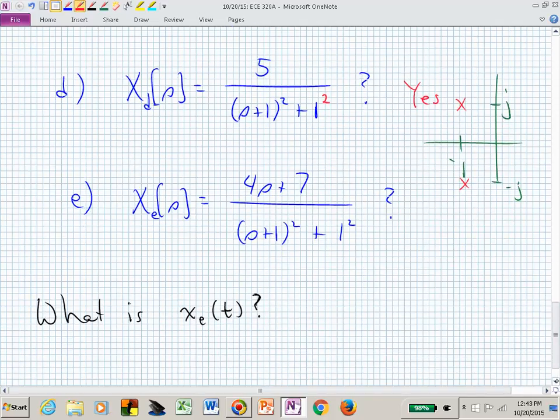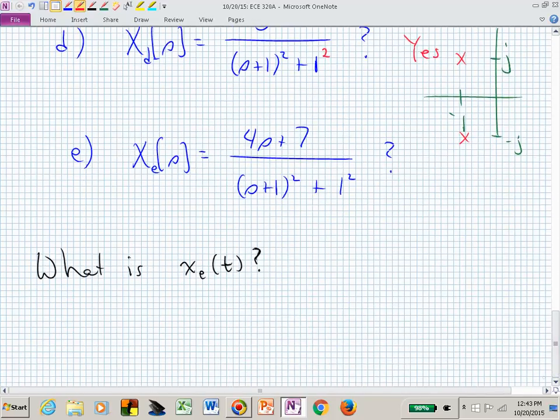Can you write down what little x of e of t is without getting out your calculator? Now I've schooled you to think in terms of complex, but we can actually solve this without doing complex arithmetic. The poles are complex, aren't they?